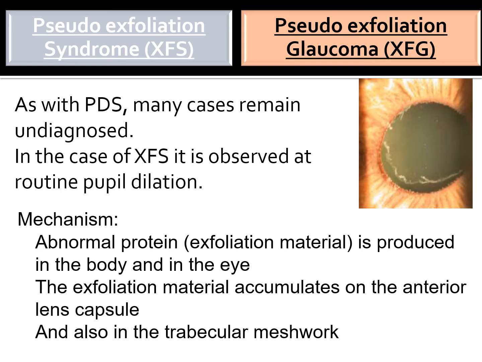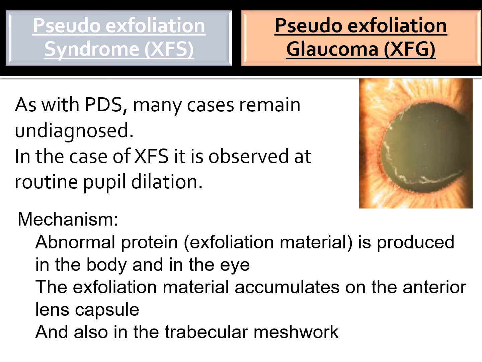So basically the same goes for pseudoexfoliation. We've got the syndrome and the glaucoma. They might sometimes use different letterings to designate them, which is a bit confusing, I think. But anyway, as with PDS, many cases remain undiagnosed, actually. The only time you notice it is if you dilated the pupil and you suddenly see the exfoliation material.